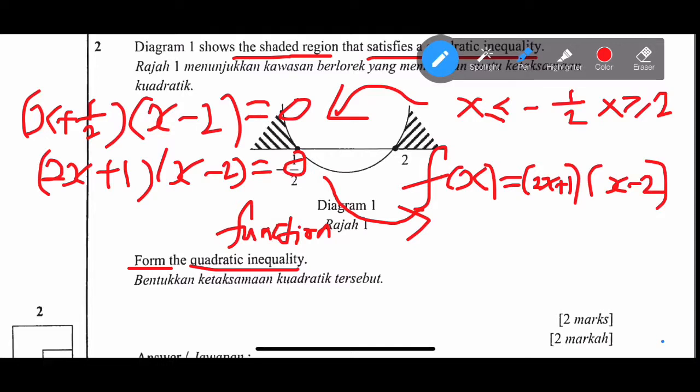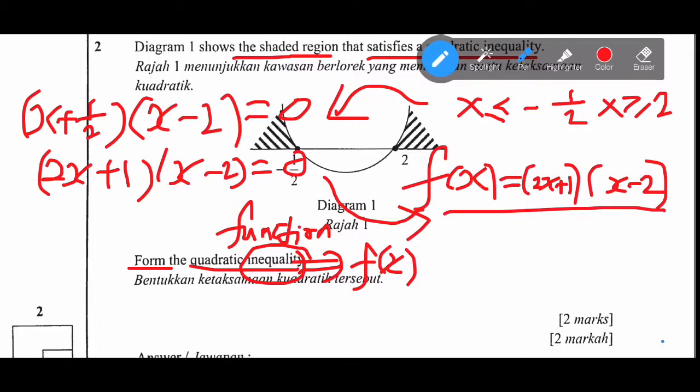So then you write f(x) equals (2x plus 1)(x minus 2), and you observe the shaded region is above the x-axis, so you make sure your f(x) is more than or equal to 0. Finally your answer is (2x plus 1)(x minus 2) more than or equal to 0. That should be your final answer.